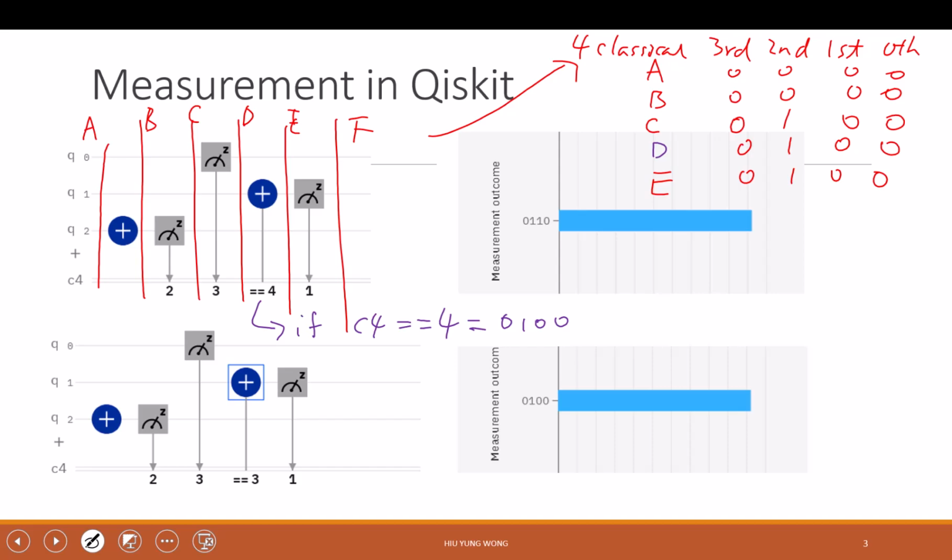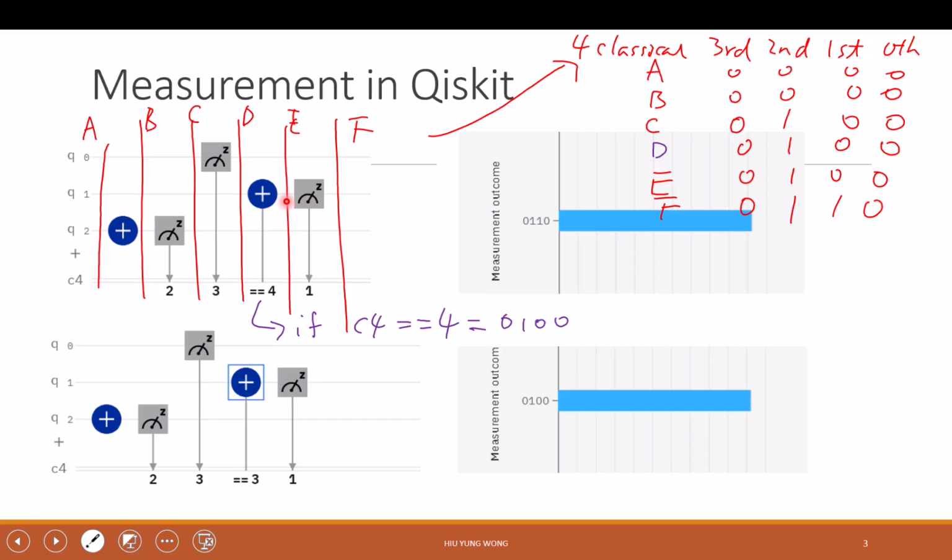Okay? But at F, we have done a measurement on Q1 and put it into register 1, right? So what would that be? Anyone? 0, 1, 1, 0.